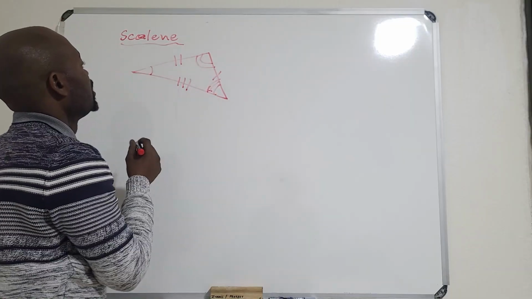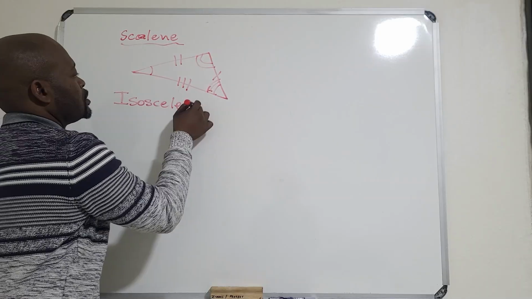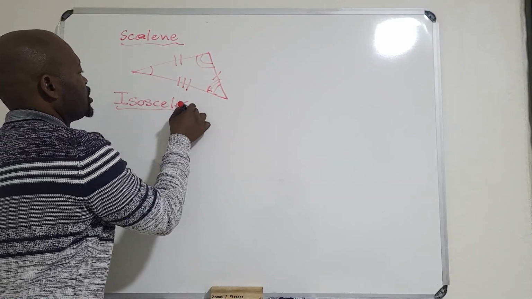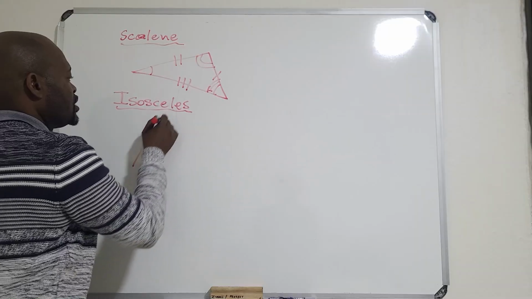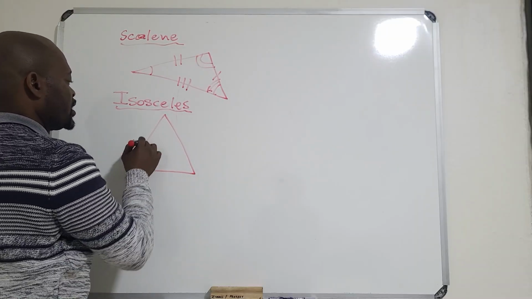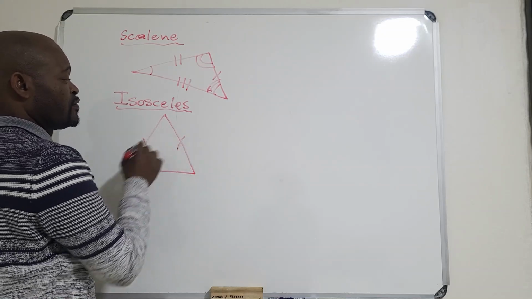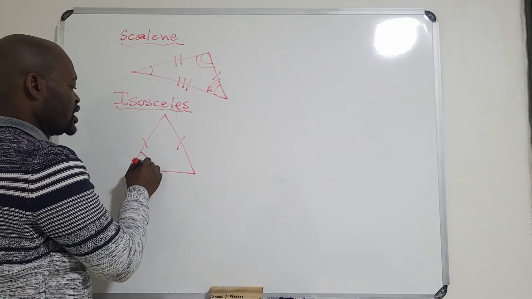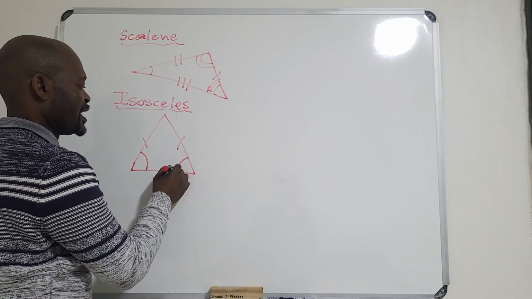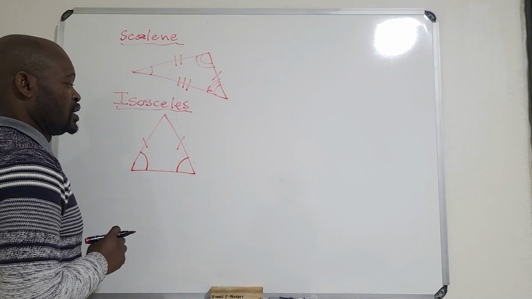Now we are also going to look at isosceles triangle. An isosceles triangle is a triangle where opposite sides of a triangle are equal. If opposite sides of this triangle are equal, then it means that opposite angles or base angles of these triangles are equal.